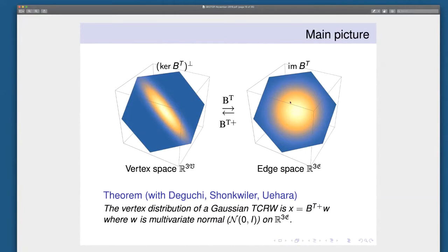It's a difference. If I were to add the same vector to all the vertices, I wouldn't change the differences, the relative positions, at all. So a constant vector is in the kernel of B transpose. And that's exactly what it means to have row sum 0: the vector of all ones is part of your kernel. So it means the theory is translation invariant. Good. Thank you. Interesting. Excellent.